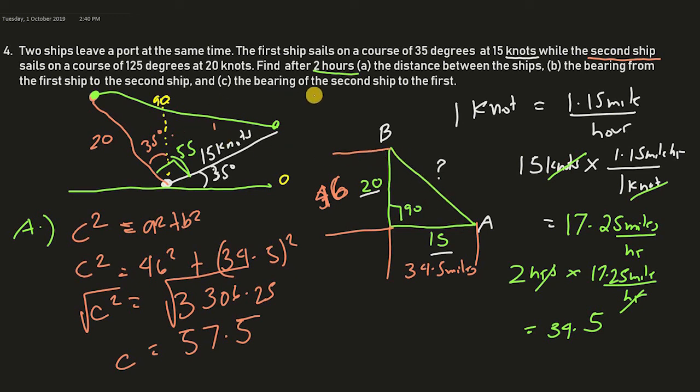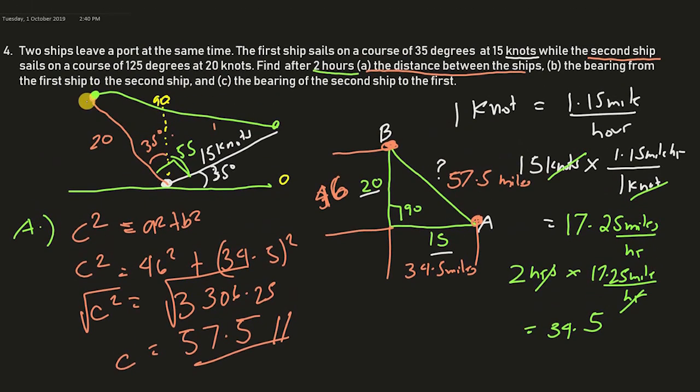So, answering problem A, the distance between the ships after 2 hours, from point A to point B, is 57.5 miles. This is our answer.